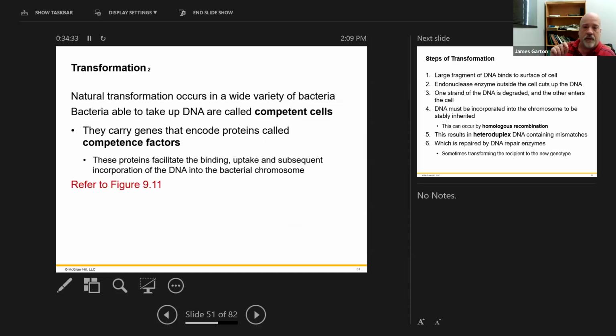Anyway, natural transformation occurs when bacteria are quote unquote competent. And these bacteria carry genes that encode proteins that are called competence factors. And those proteins allow the bacteria to bind pieces of DNA, uptake them into the cell, and incorporate them into the bacterial chromosome.